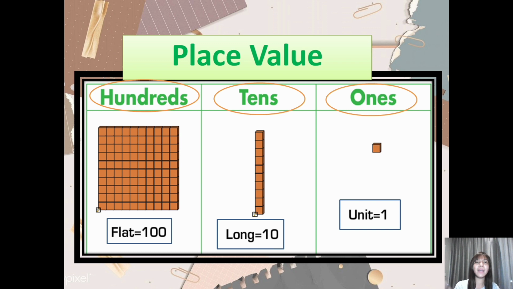Ones is every 1 unit. Tens is every 10, like 10, 20, 30, 40, 50, and so on. And the last place value is hundreds. It is by 100, like 100, 200, 300, 400, and so on.